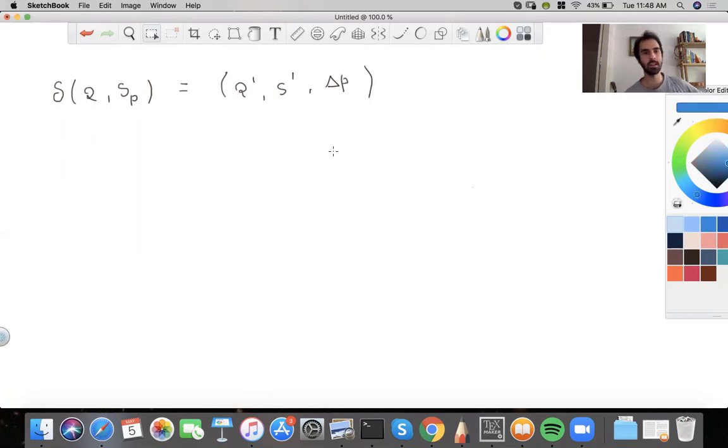So what are these things telling us? So this is the current state of the Turing machine, and this is the P slot, at least what is written on it, right? Now, when the delta function, which is executed by this black box, is done, you get a new state.